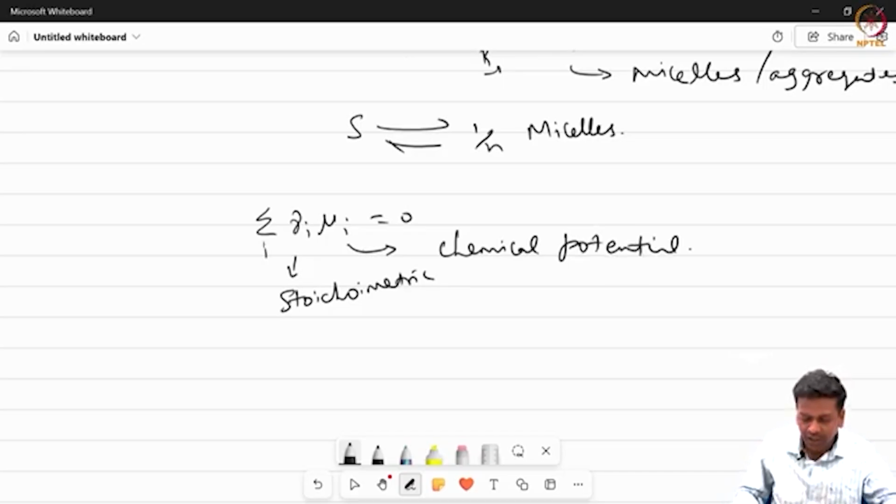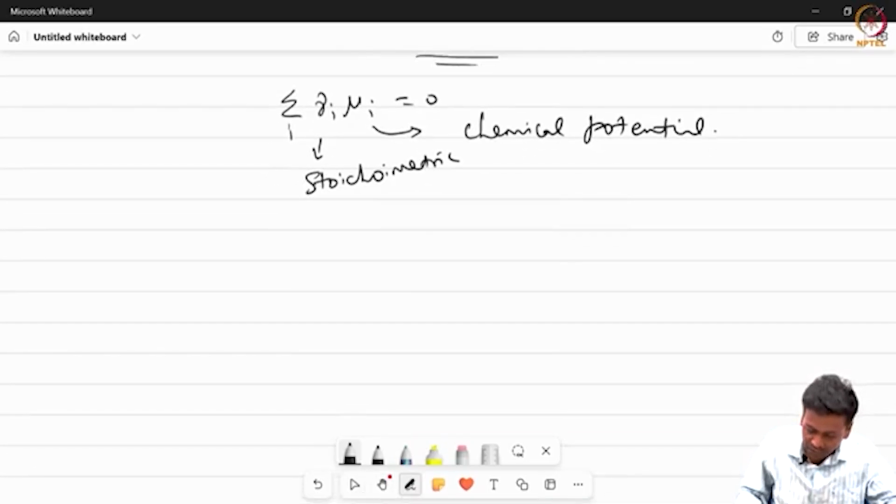We use the stoichiometric convention: negative for reactant, positive for product. So this will be simply minus μ1 plus μ2, which is Δμ, which is 0. This is what we represent using this criterion of equilibrium, right? So we can start from this step, which is Σ ν_i μ_i = 0.